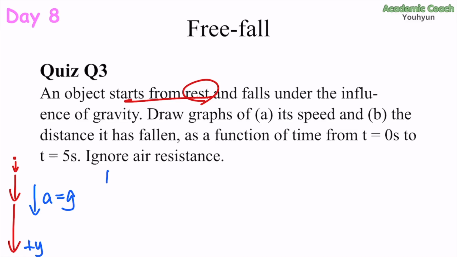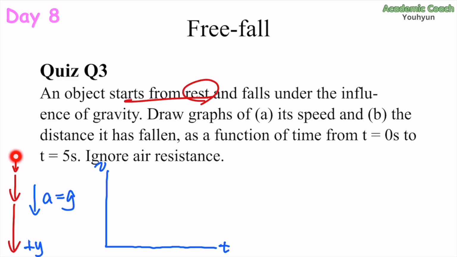And we should try to draw velocity versus time graph. Since free fall is a constant acceleration motion, this means that on velocity versus time graph, I will see a linear line with a constant slope. And here the slope is positive because I took downward as positive direction.